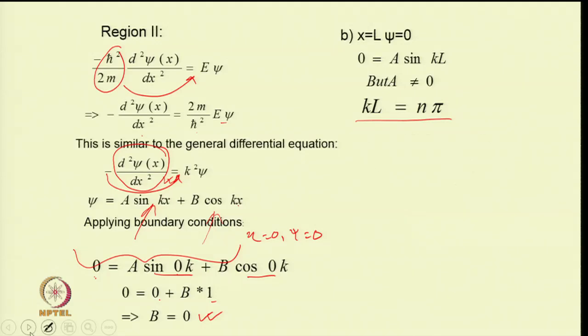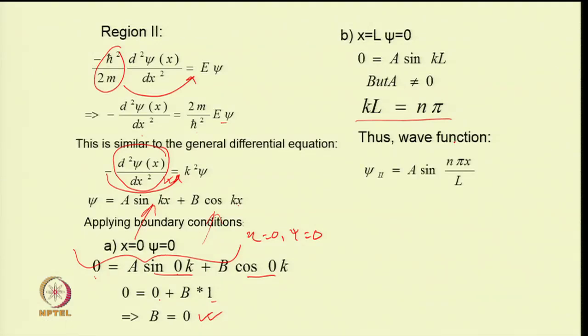Thus the wave function is A sin, and in place of k you can put n pi by L. So, A sin n pi x by L. This is your solution of the wave function from the Schrodinger equation. But what is A?